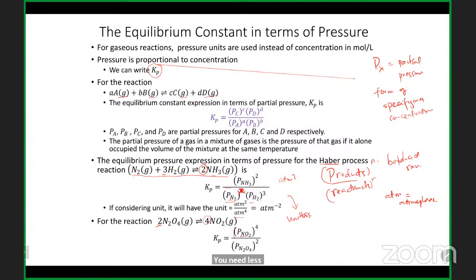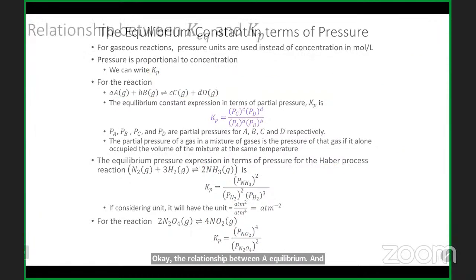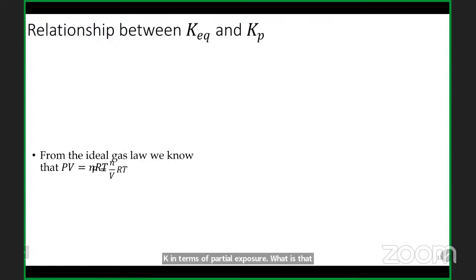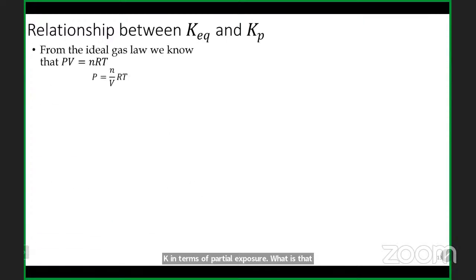There's a relationship between K equilibrium and K in terms of partial pressure. What is that relationship? All of us are familiar with this equation dealing with ideal gases.